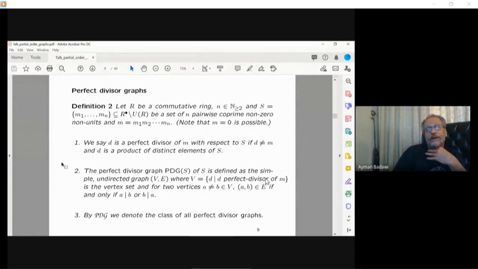D is not M, and D is a product of distinct elements of S here, okay?